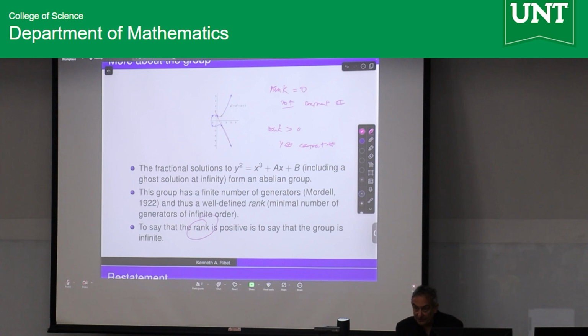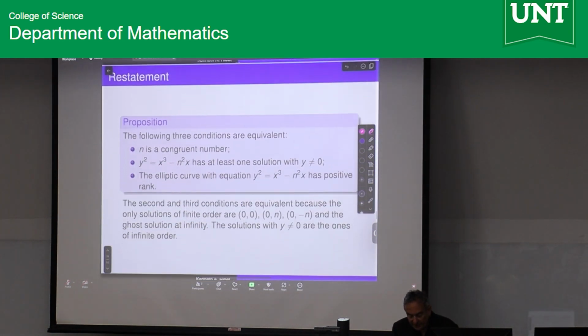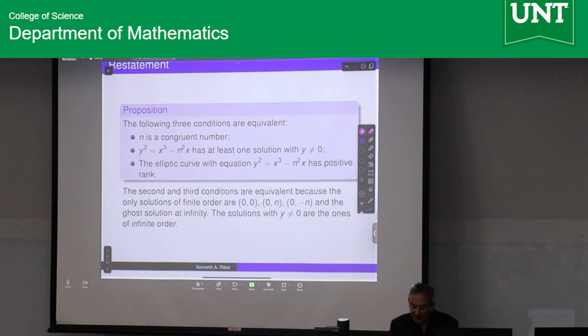So the rank is positive. This is a nice restatement of the fact that the congruent numbers are those for which the elliptic curve that we've been writing down has positive rank. So that's a very neat statement.